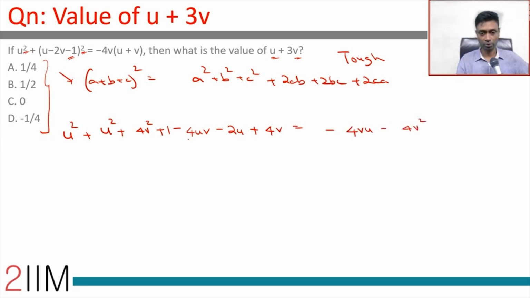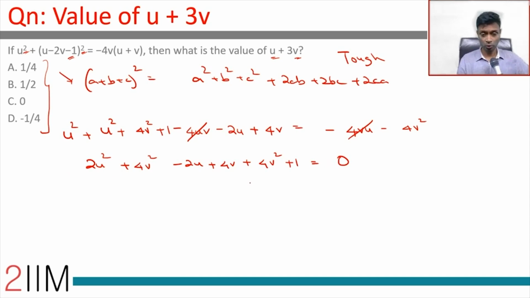The minus 4uv and minus 4uv get cancelled. So this is 2u square plus 4v square minus 2u plus 4v plus 4v square plus 1 equal to 0. I'm bringing everything onto the same side.